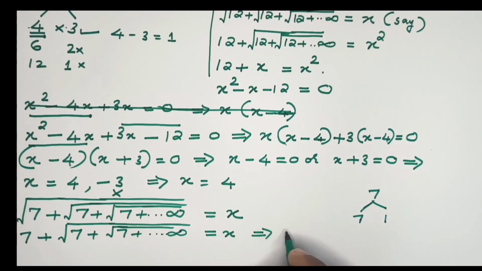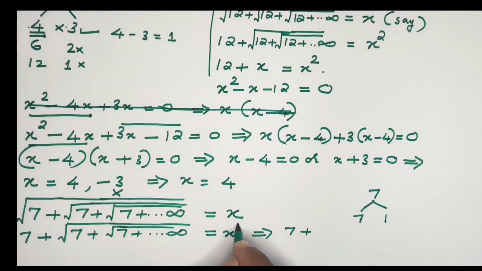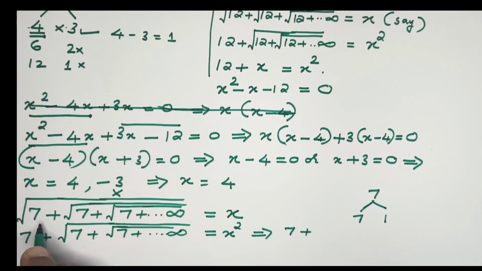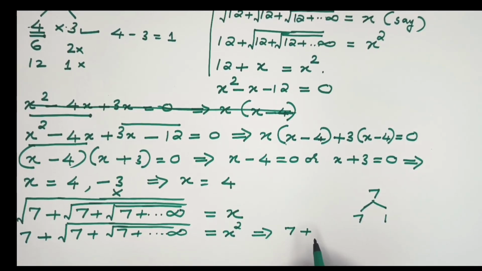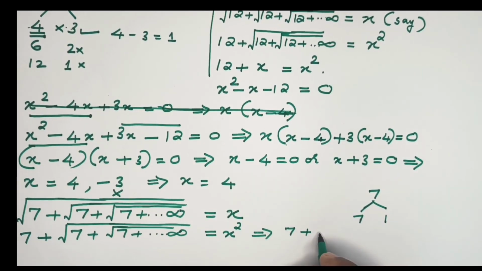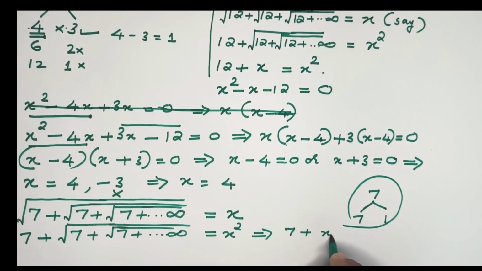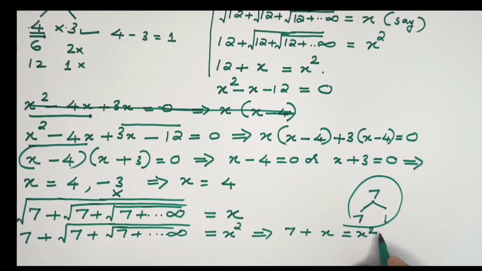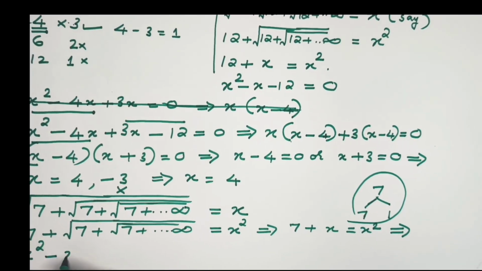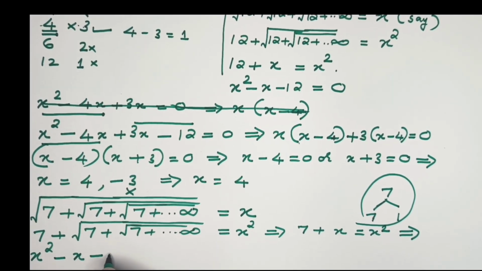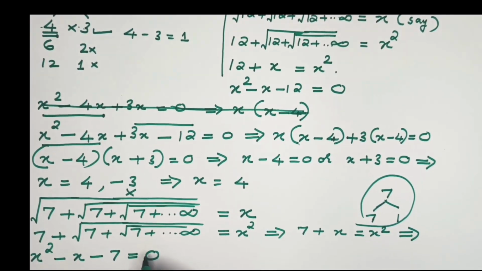On the right side, you will be getting x squared. While squaring, on the left this is what you have, and on the right you have x squared. Now 7 plus x equals x squared. Taking these two terms to the right side and interchanging the positions of these expressions, you have x squared minus x minus 7 equals 0.